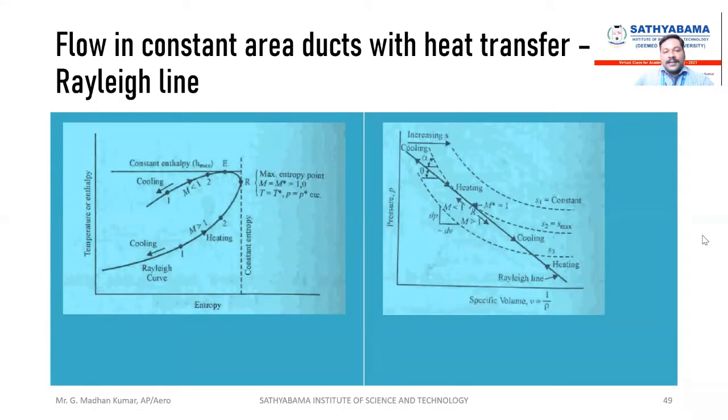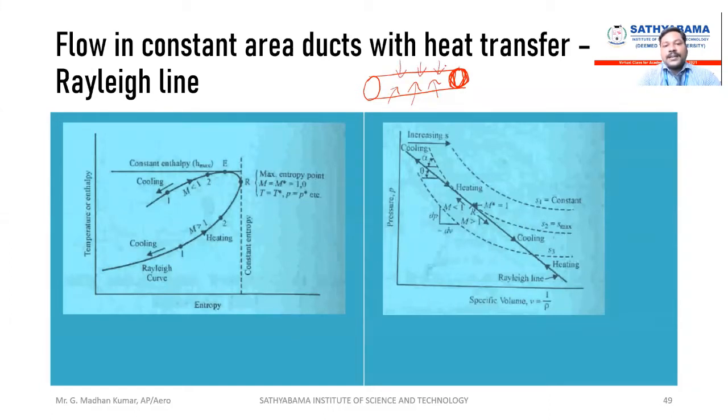Generally, we have a constant area duct like this, and you are just adding some heat into it from the surroundings.